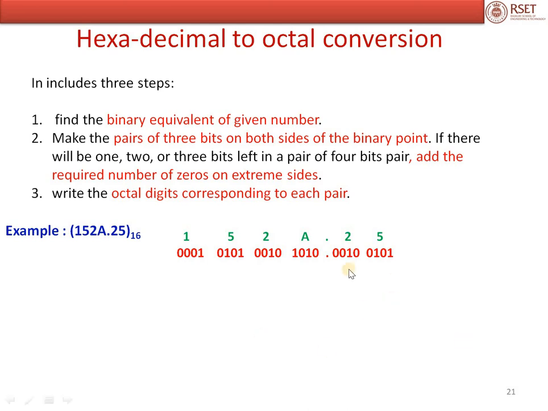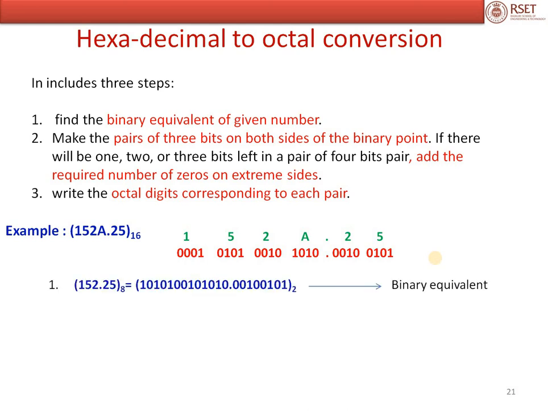So first we need to find the binary equivalent of the given number. This is its binary equivalent. Then here we make it into pairs of 3.